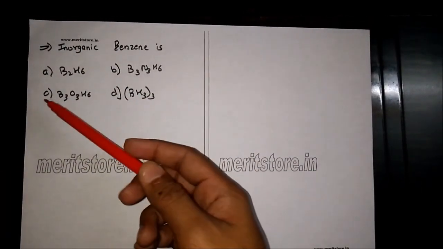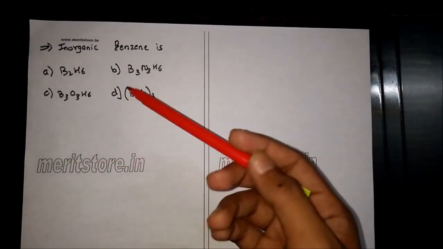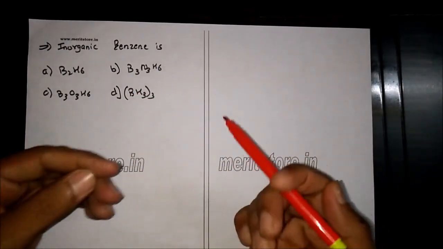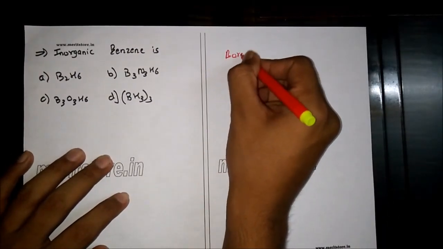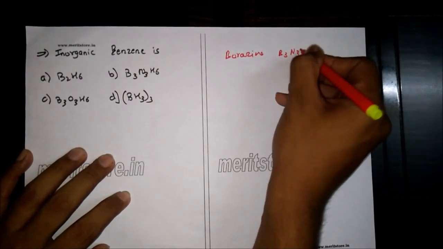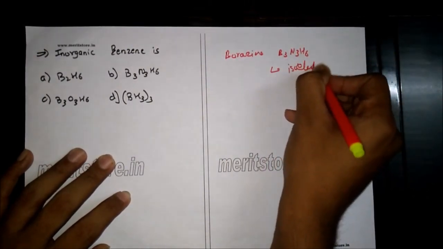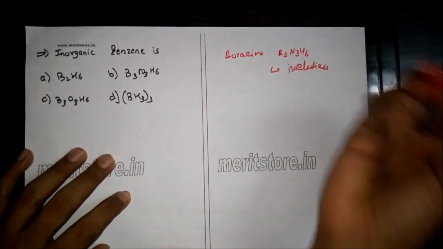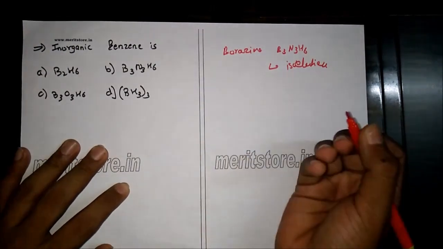Inorganic benzene is A, B2H6, B, B3N3H6, C, B3O3H6, or D, BH3 thrice. Now, borazine, which has the chemical formula B3N3H6, is isoelectronic to benzene and hence it's called inorganic benzene. But some physical properties of benzene and borazine are also similar.